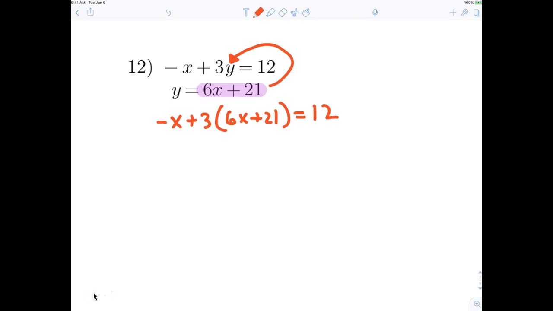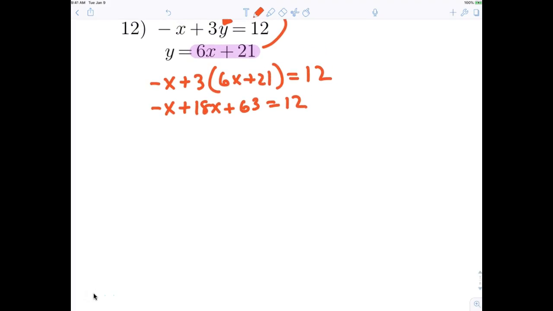All right? So let's see what we do. I distribute the 3. When I distribute the 3, I get negative x plus 18x plus 63. Any issues with that? Now, combine terms. 17x plus 63 equals 12.